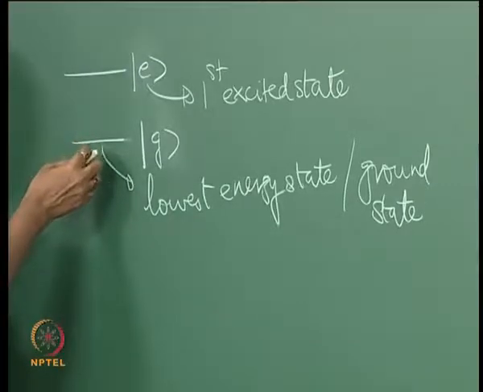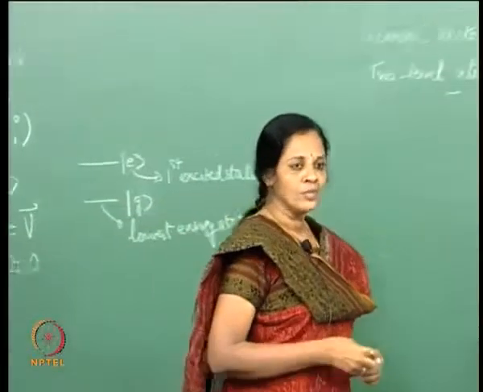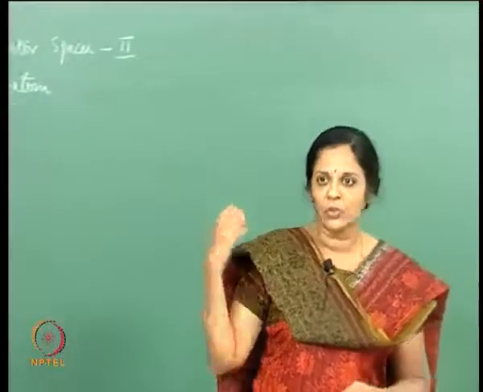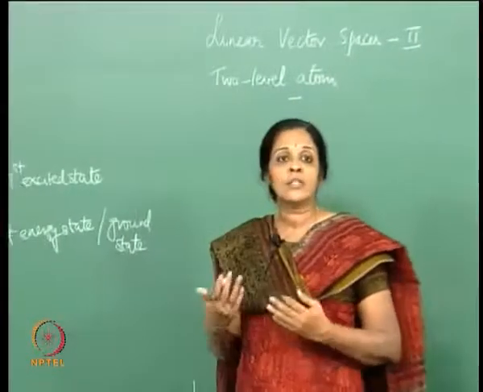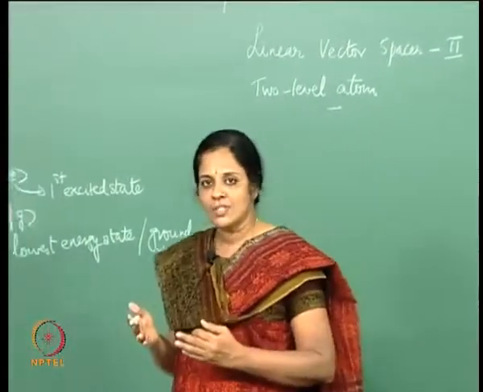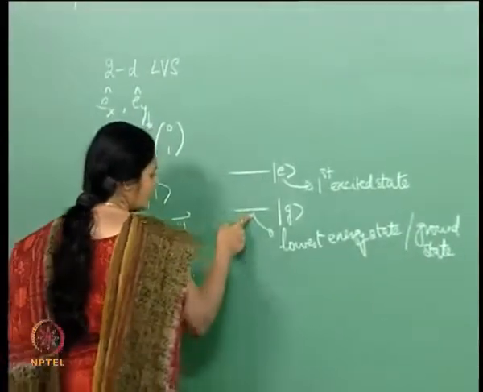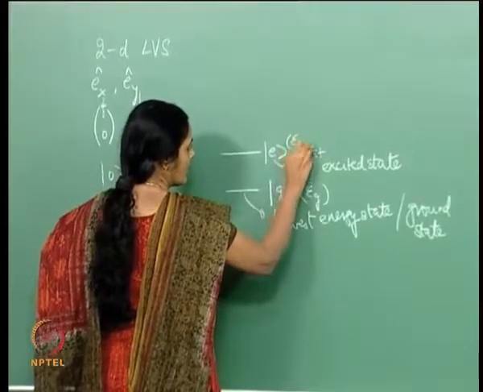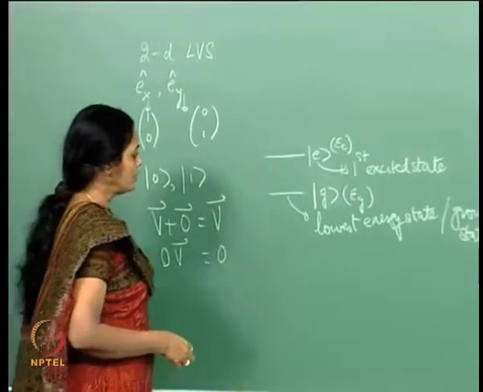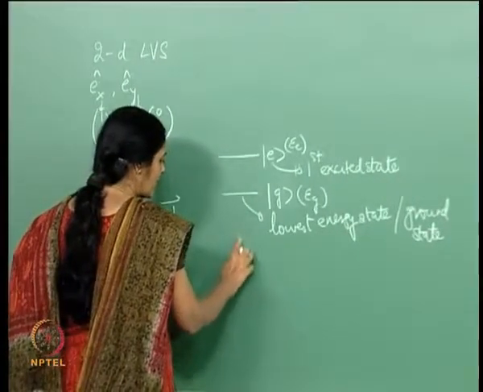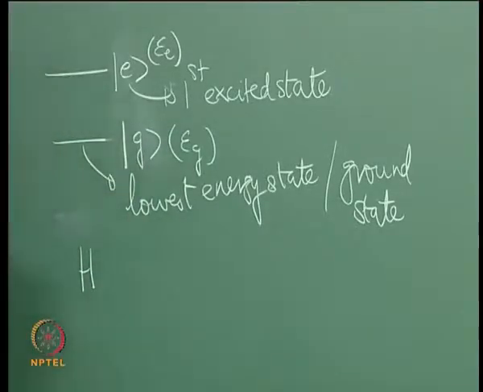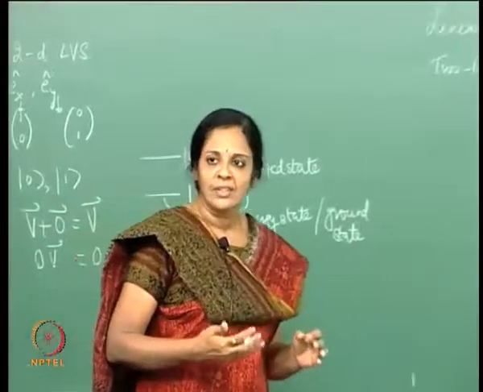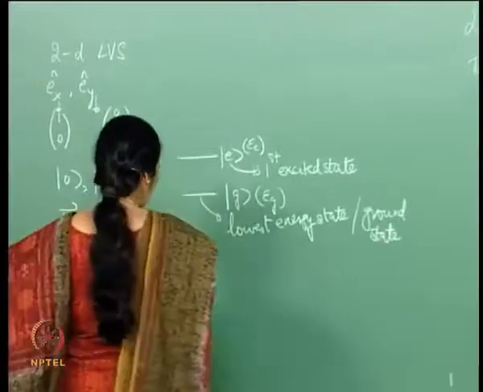The point that I am trying to make is that if energy is the observable in the system, which is indeed the way we are going to work with it, once a measurement is made on the energy, the system collapses either to this state with an energy eigenvalue E sub G, or to this state with an energy eigenvalue E sub E. Denoting by H the observable energy, I have used H because H is the Hamiltonian, and from classical physics you would know that the Hamiltonian operator represents the total energy of the system.